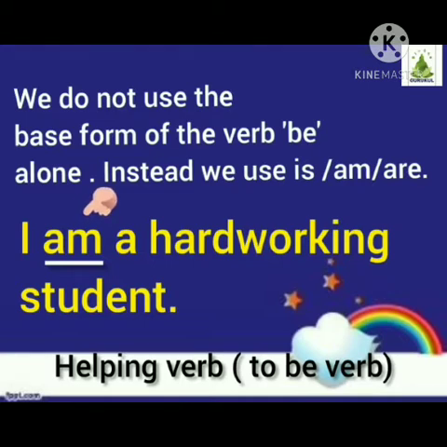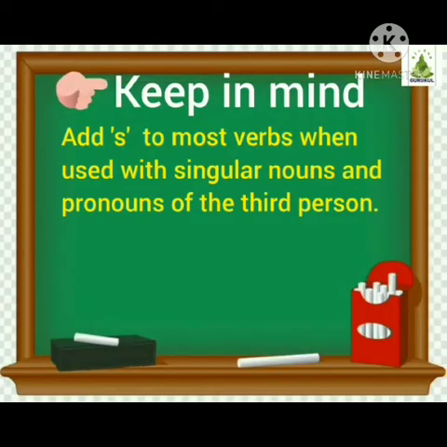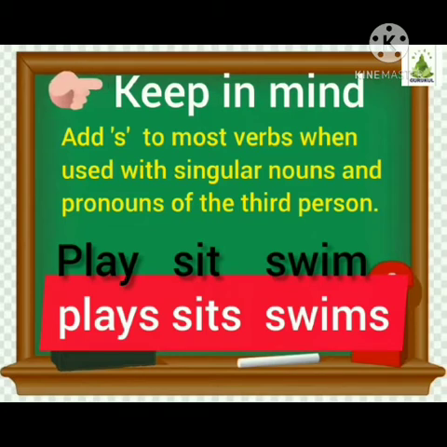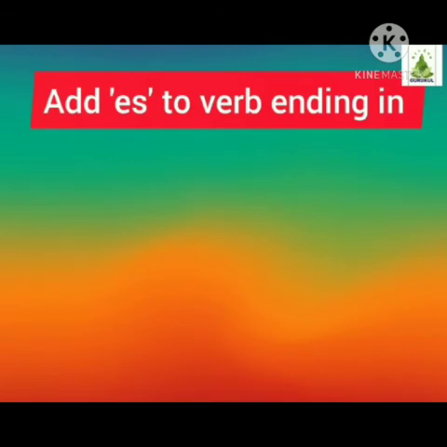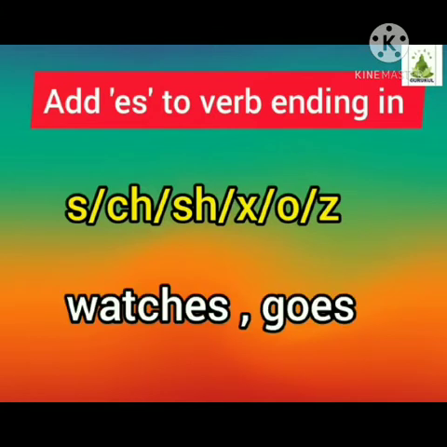Remember the following points to form the simple present tense form of verbs. Add s to most verbs when used with singular nouns and pronouns of the third person: plays, sits, swims. Add es to verbs ending in s, ch, sh, x, o or z: watches, goes.